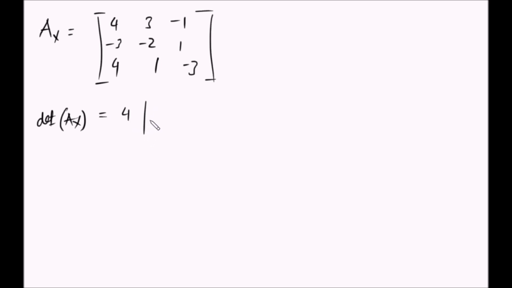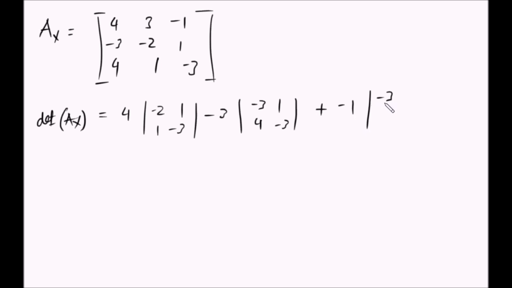So nikitafuta now determinant of matrix AX, itakuwa ni 4 times negative 2, 1, 1, negative 3, minus 3 times negative 3, 4, 1, negative 3, plus negative 1 times negative 3, 4, negative 2, 1. So itakuwa sasa na 4 times 6 minus 1 ni 5, minus 3 times 9 minus 4, na yenyewe ni 5, minus 1 times negative 3 minus negative 8, kwa negative 3 plus 8 na yenyewe ni 5.